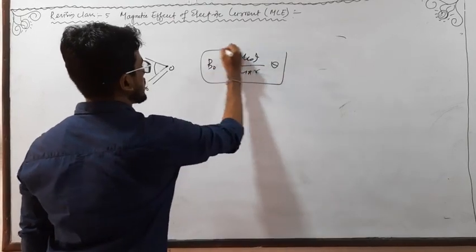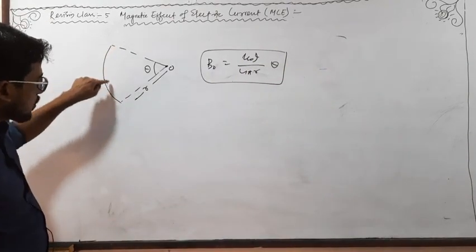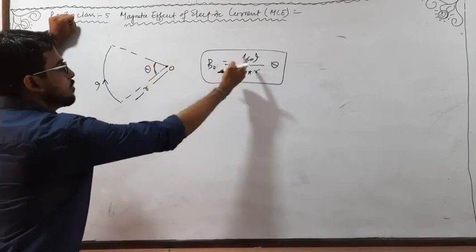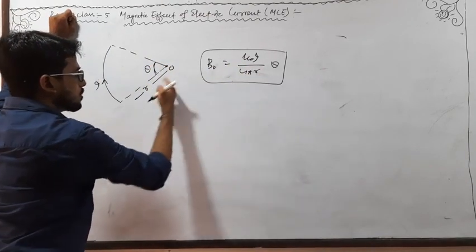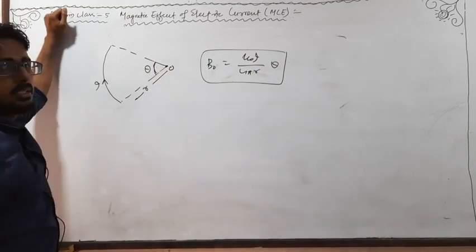You have to remember this formula. For the derivation you can refer to the previous lecture. So for any circular arc, the field at the center is mu naught I by 4 pi r into theta. R is the radius of the current carrying circular arc and theta is the angle made by the arc at the center.